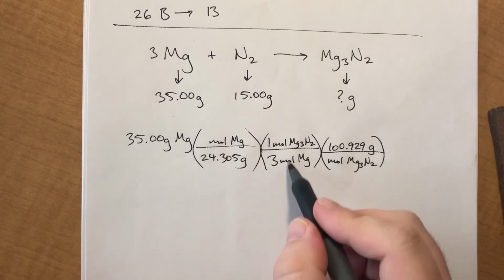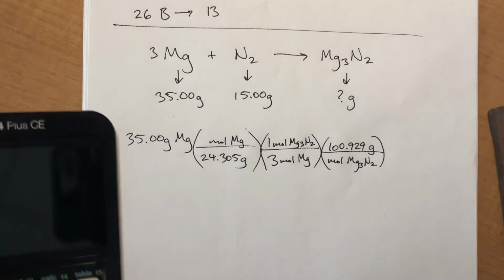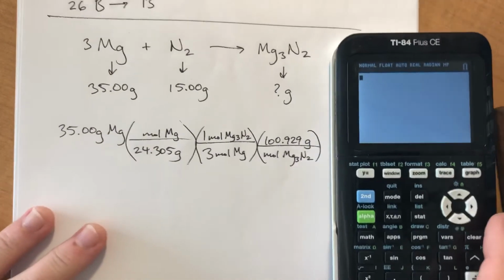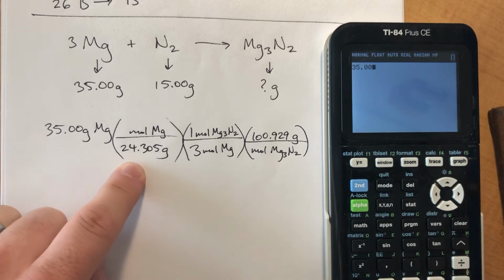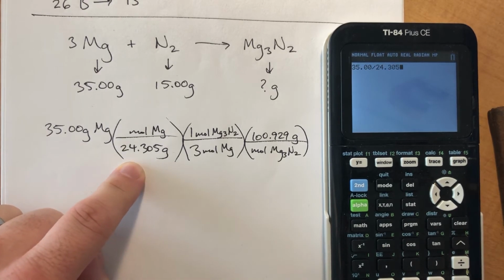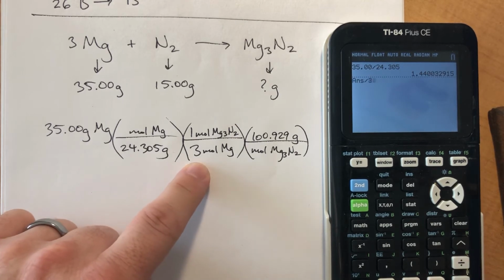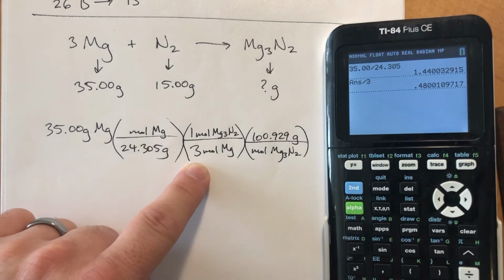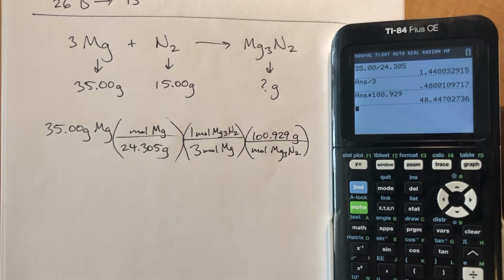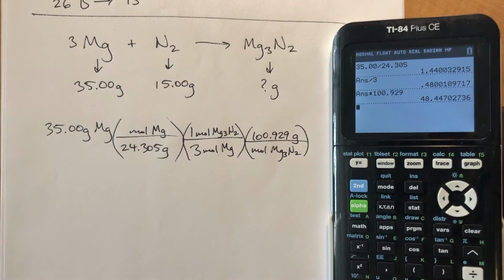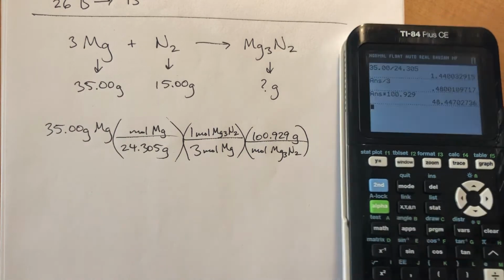You'll see that it's the same 3 steps, everything cancels out. In terms of typing this in your calculator, the way this works is you're going to take 35.00 divided by 24.305. I'm going to recommend you hit equals, then divided by 3, hit equals, and then times 100.929. Hit equals, and you get 48.45.